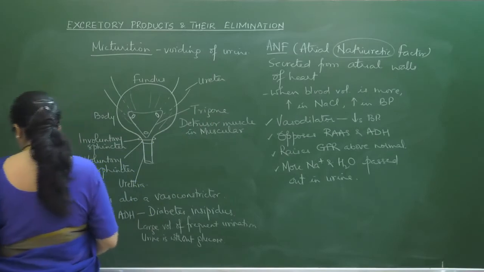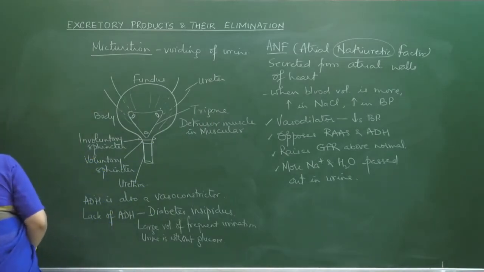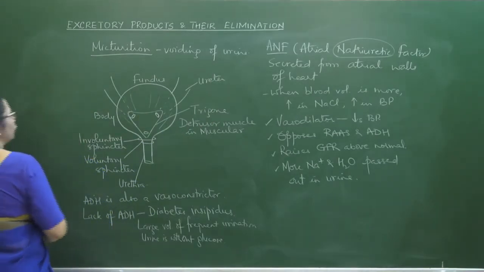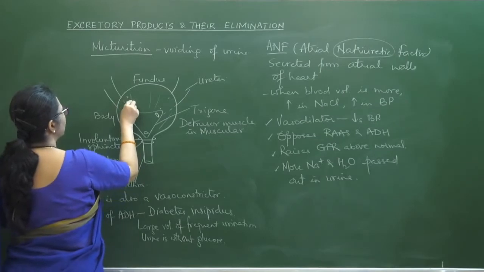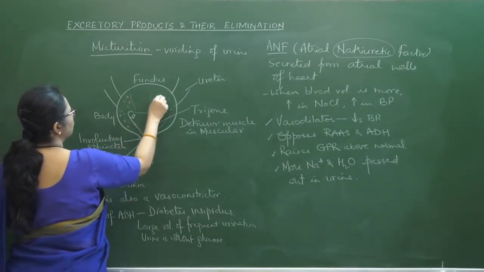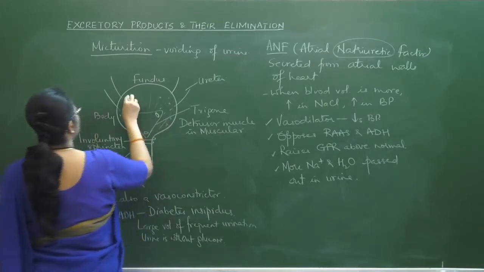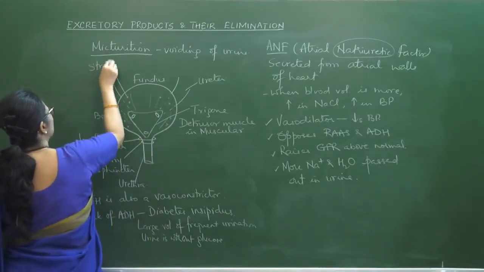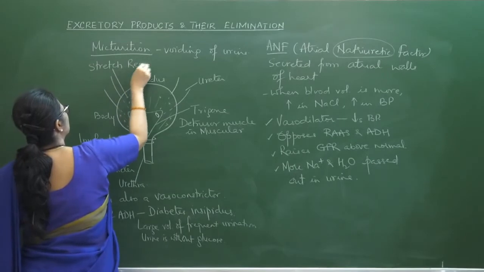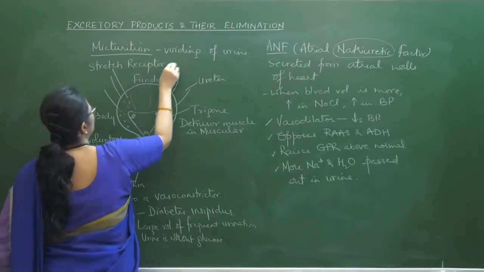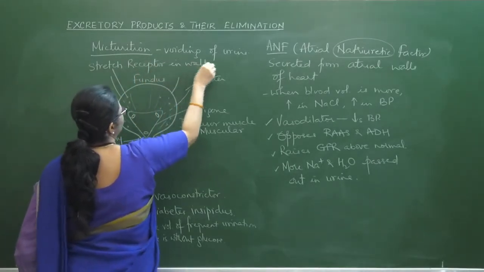Then apart from that, in the wall of the urinary bladder, there are certain receptors. These are called the stretch receptors. Okay, there are stretch receptors in the wall. So I'll just mention it here. Stretch receptor in wall.